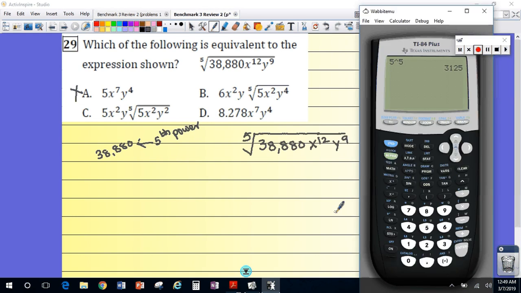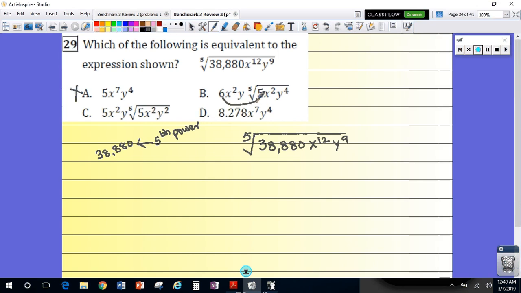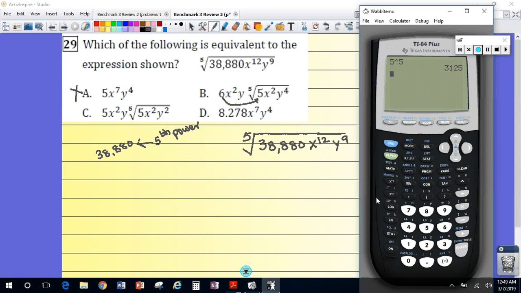Now let us check with the second option. Second option says that if you bring this one inside, it is 6 to the 5th power. Alright. So what is 6 to the 5th power? 6 to the 5th power equals 7776, that multiplied by 5, right? Multiplied by 5, which gives you 38,880.